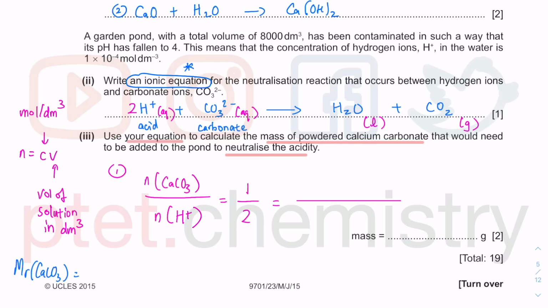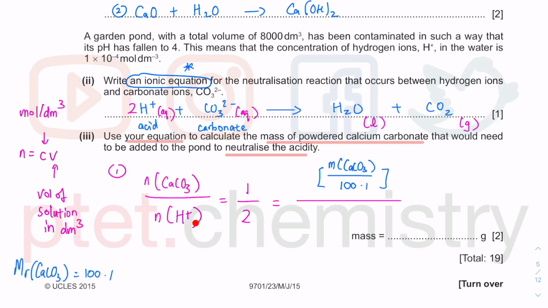So going to your periodic table, you will have calcium, which is 40.1, plus 1 carbon, 12.0, plus 16.0 times 3. I get, hang on, 40.0 plus 12.0 plus 16.0 times 3. I get 100.1. So that is mass of the calcium carbonate divided by the Mr, which is 100.1. This thing on the right hand side is the mole of the calcium carbonate.